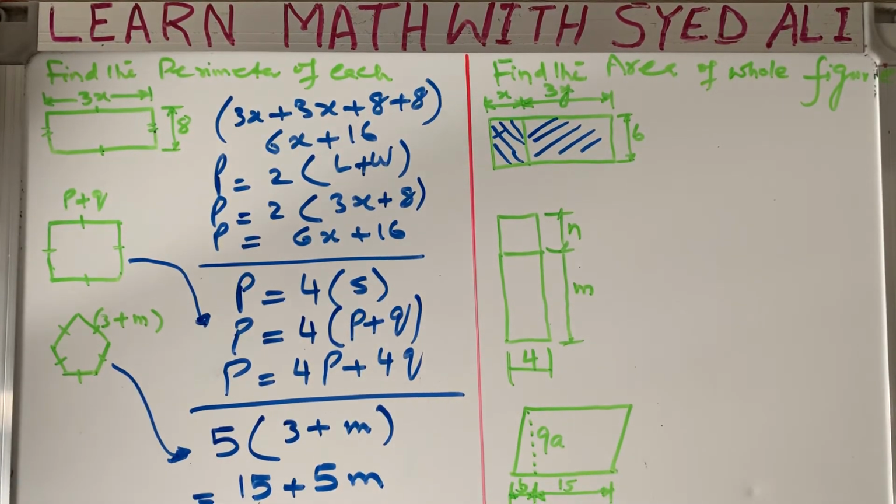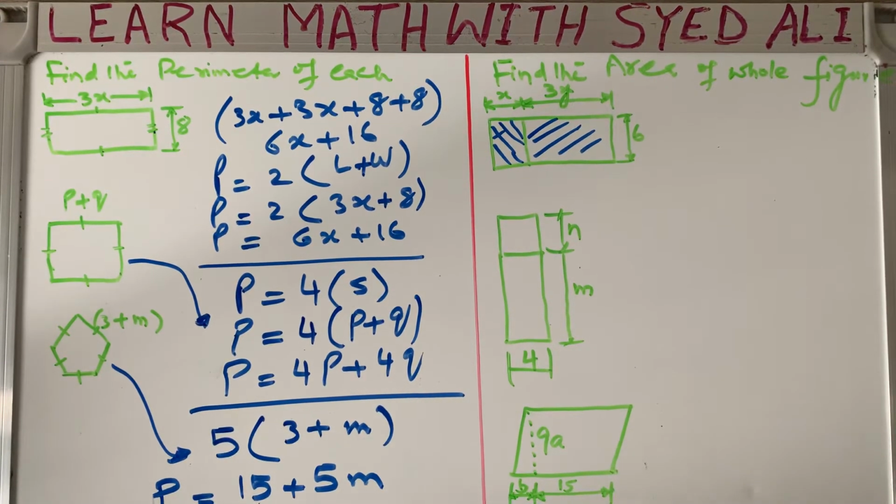This is the perimeter of this pentagon. You need to remember what perimeter is: the sum of all the sides. For a rectangle, it is 2 times (L plus W), for a square it is 4 times the side, and for a pentagon it is 5 times the side. The side is given as 3 plus m, and then you open up the bracket.